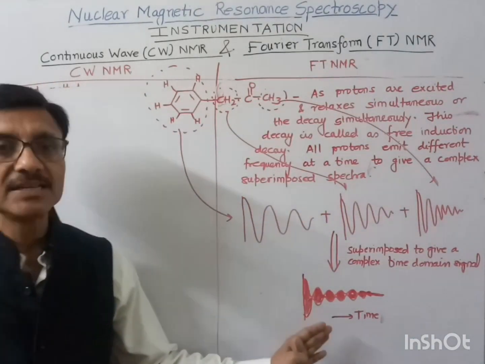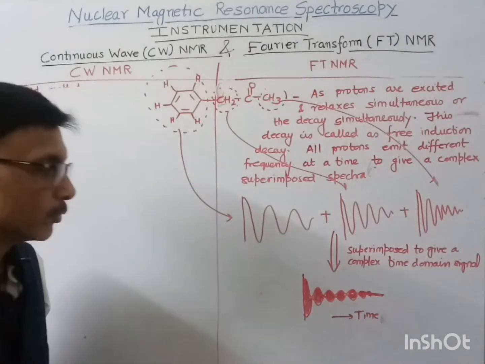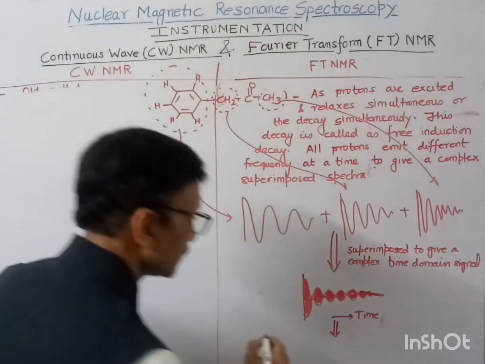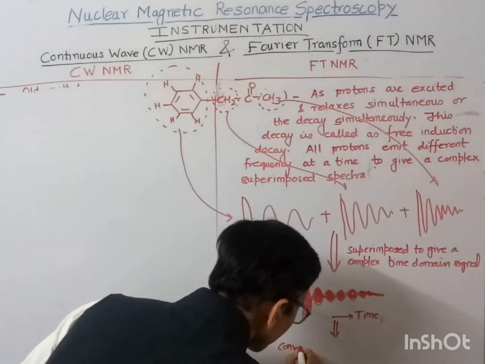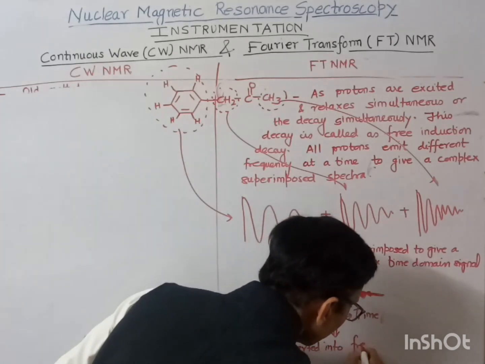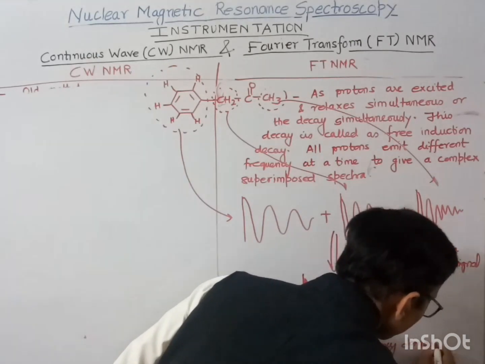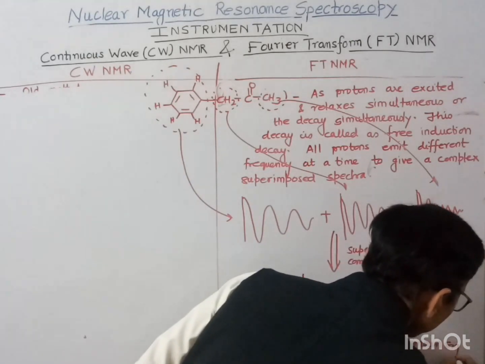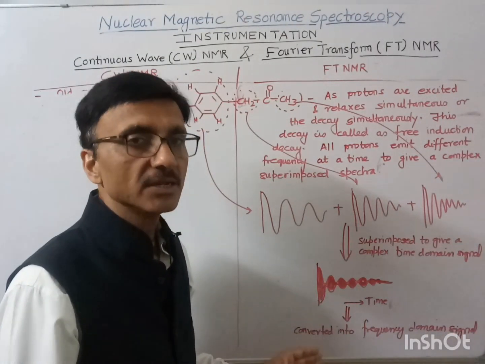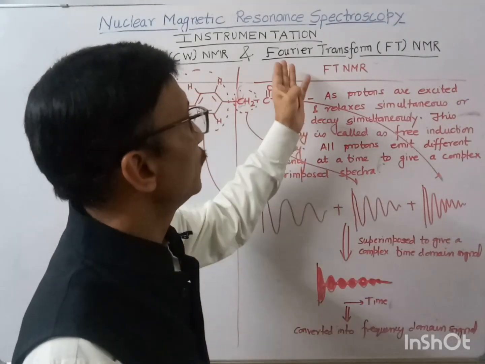Now this complex signal, which is a time domain signal, is converted into a frequency domain signal. How is it converted? This time domain signal is converted into a frequency domain signal with the help of a mathematical tool called the Fourier transform.